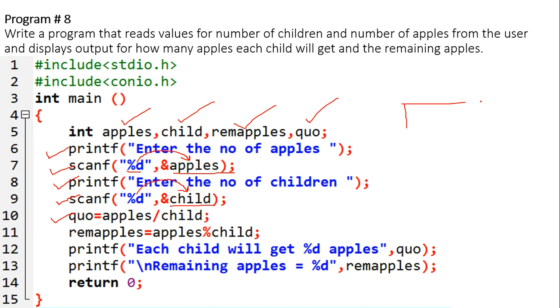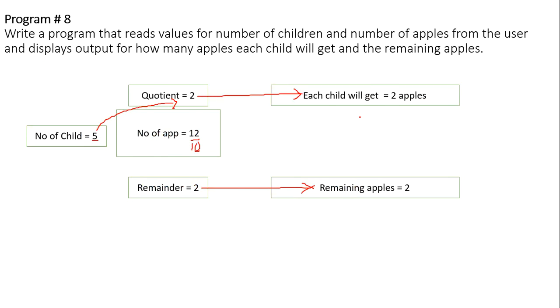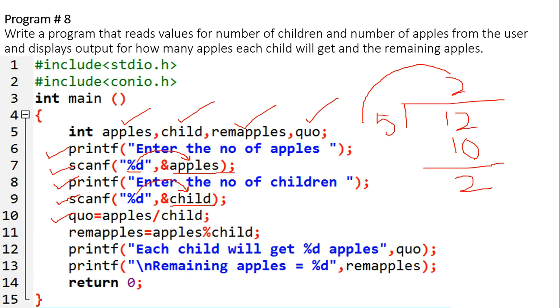Like 12 is the apples and child is 5, so 5 times 2 will become 10 and the remainder is 2. This quotient, 2, will be stored in the quo variable. Now coming to the remaining apples.